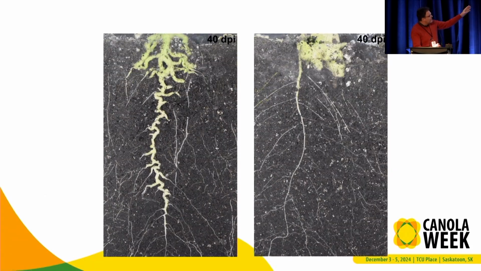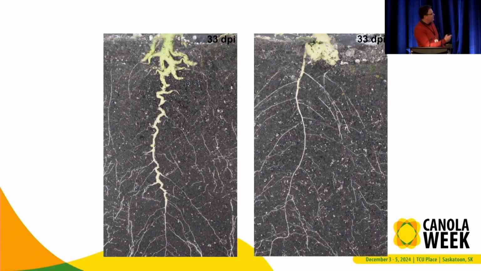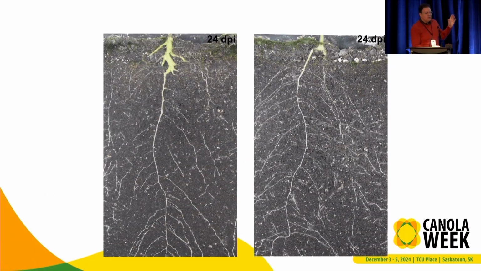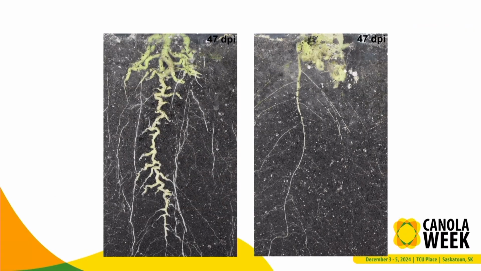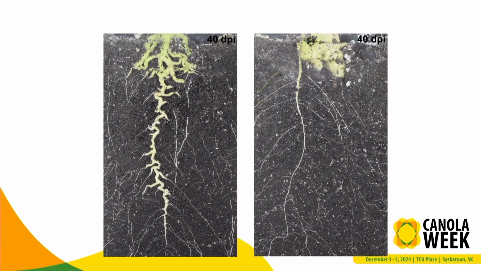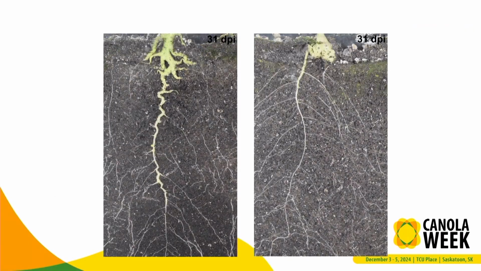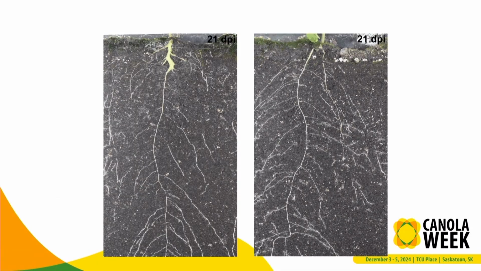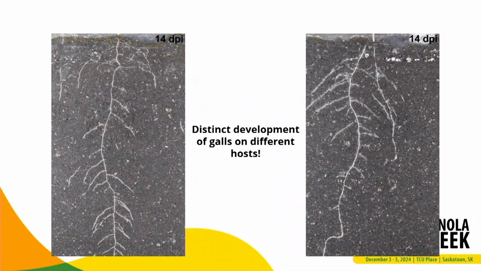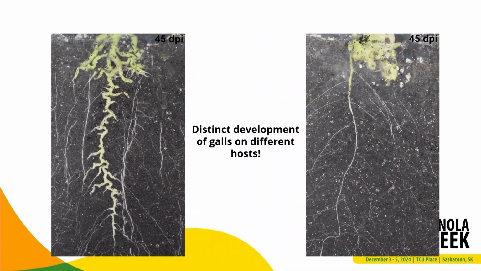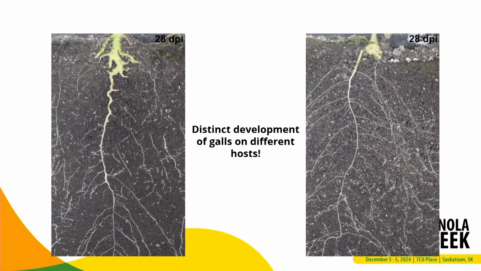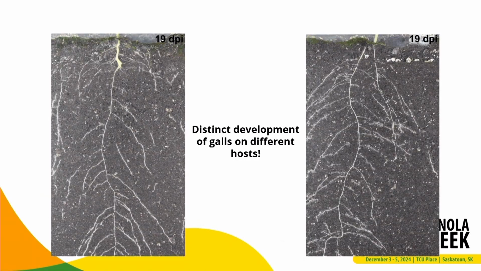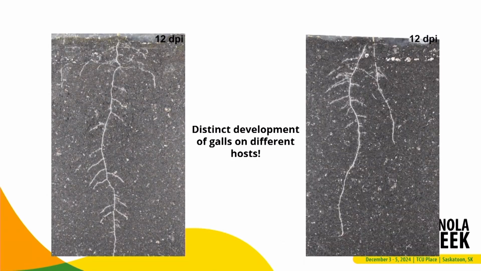Then we have other situations, on the right-hand side, where we have very severe clubroot, but it's restricted almost to the top, to the crown, while the rest of the root system remains fairly normal. So this shows distinct development of galls on different hosts, and certainly it could have epidemiological implications.